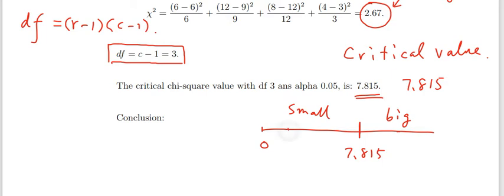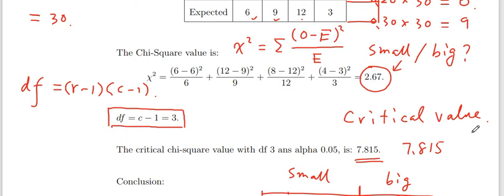Our number is 2.67. So we can say this is a small number.